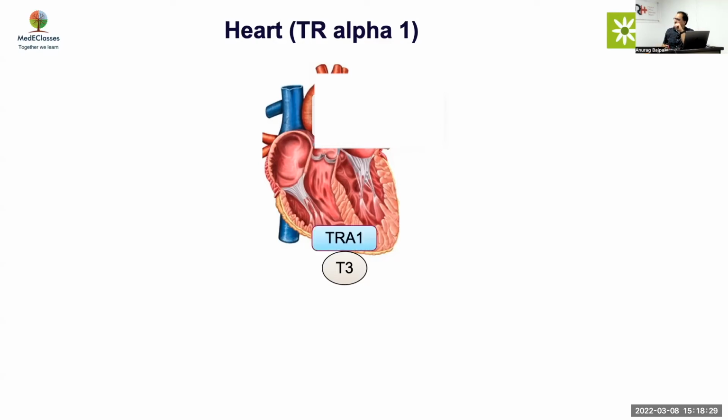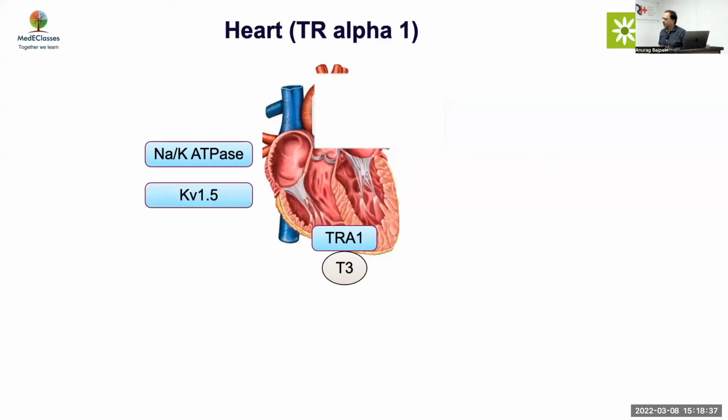Now, how does it do that? It acts via the TR alpha 1 receptor. There are specific channels which it stimulates. Sodium potassium ATPase is activated via this, and the potassium channel. These will cause depolarization and you will have contraction. Now, what will be the impact if your sodium potassium ATPase channel becomes hyperactive in thyrotoxicosis? Increased chances of depolarization.